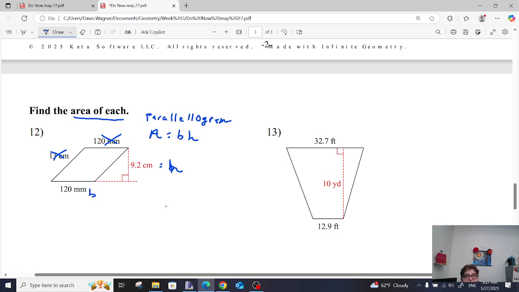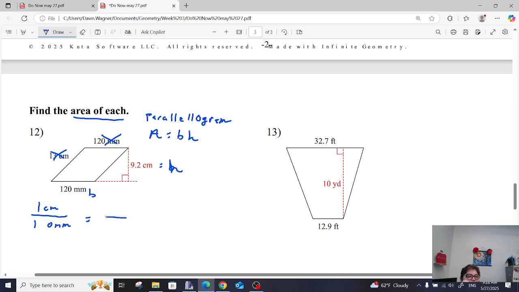For CUDA software, they always convert to the larger unit. I know that 1 centimeter is equal to 10 millimeters.